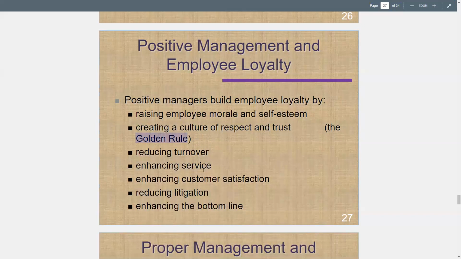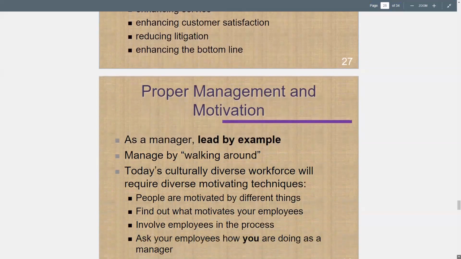You're going to enhance the experience that your customers have. They're going to be happier with the job that Sally is doing cleaning the bathroom. And you're going to reduce the risks of litigation and make the bottom line look better because you're going to have less of those problems.